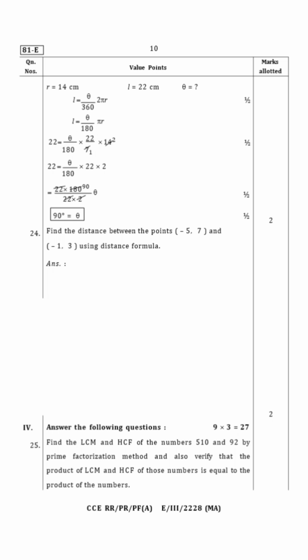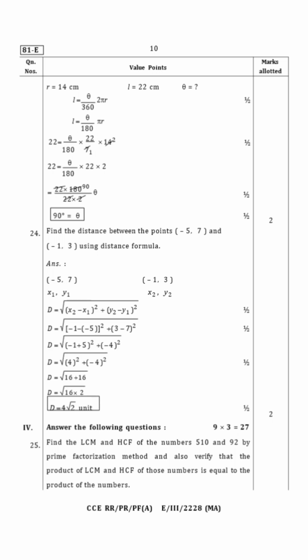So the distance formula is D is equal to square root of x2 minus x1 the whole square plus y2 minus y1 the whole square. You have to substitute the values, then you will get square root of 16 into 2. Square root of 16 is 4. Take it outside. 4 root 2 unit is the distance between the points.